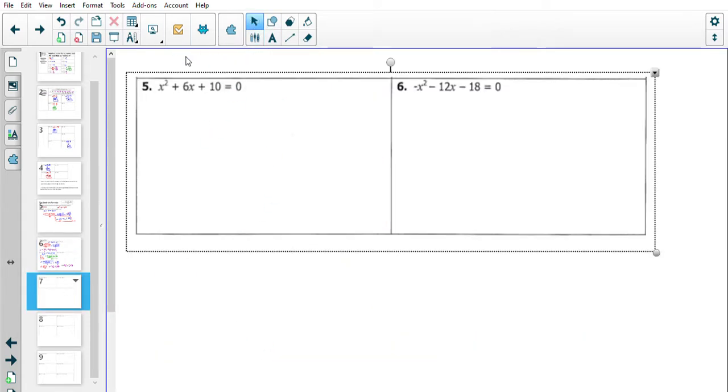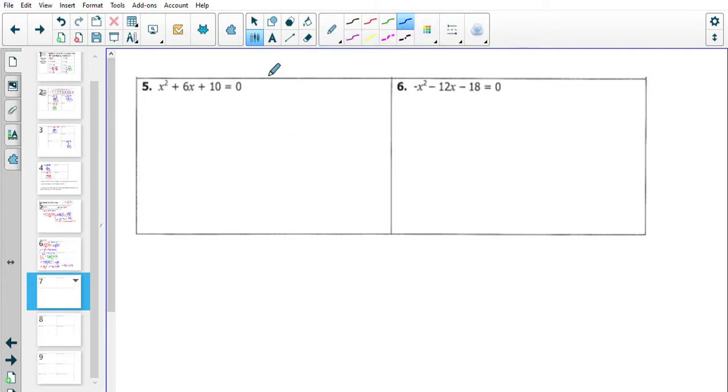Let's take a look at number 5. Okay, so number 5, it's already set equal to 0, so we're good there. So I have that a is 1, b is 6, and c is 10. Okay, so let's plug these in.